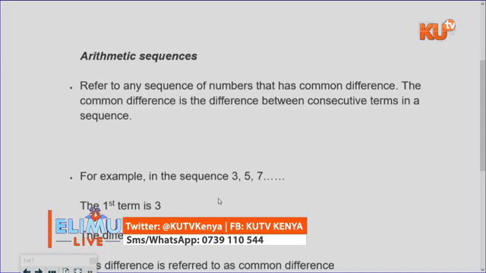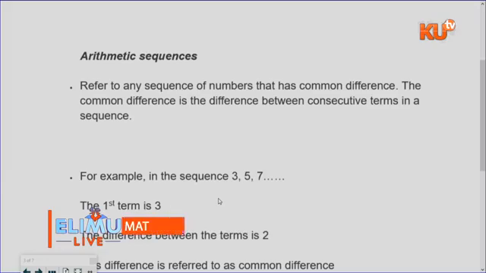Consecutive here means the terms that follow each other. If you talk about the sequence 3, 5, and 7, then what we mean is that the first term is 3, the second term is 5, and the third term is 7.